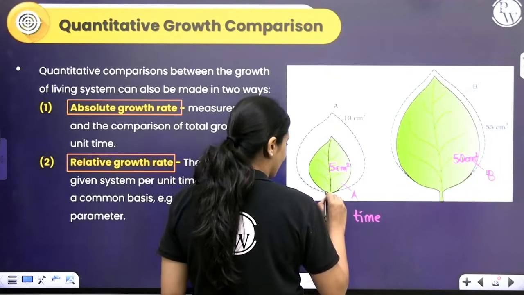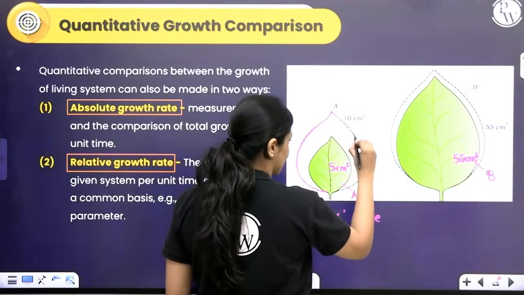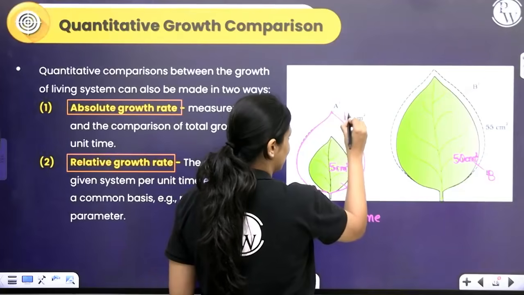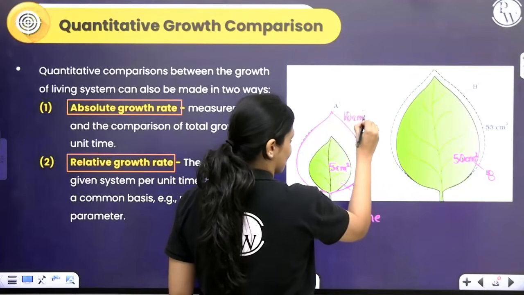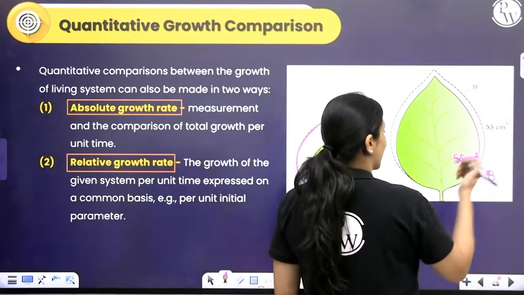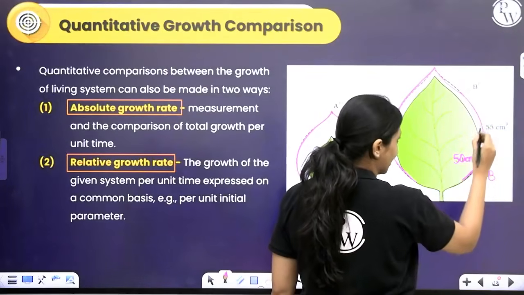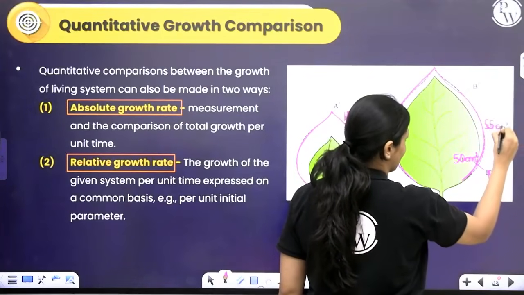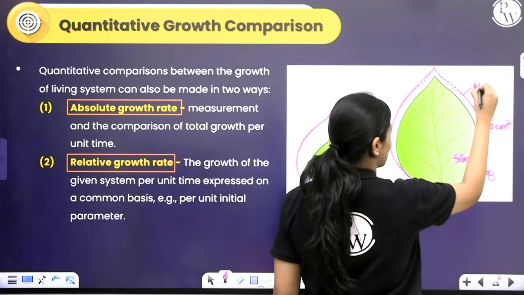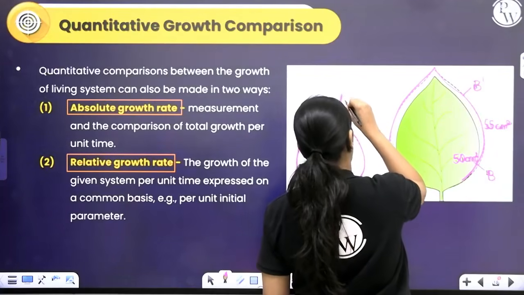Initially it was 5 centimeter square, now it has increased in surface area and become 10 centimeter square. This also has increased in surface area. What was initially 50 is right now 55 centimeter square. Let's call this A1 and this B1.